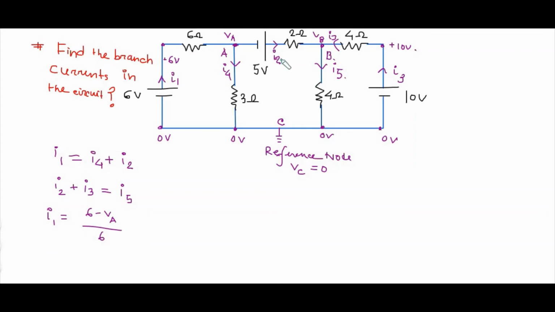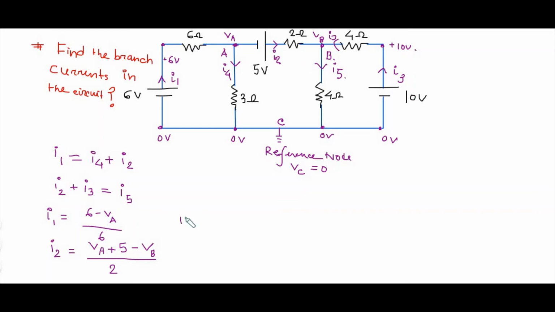If you define I2, it passes from VA to VB, so it becomes VA plus the 5 volt battery minus VB, that is the net potential between point A and point B, and the net resistance is 2 ohm.